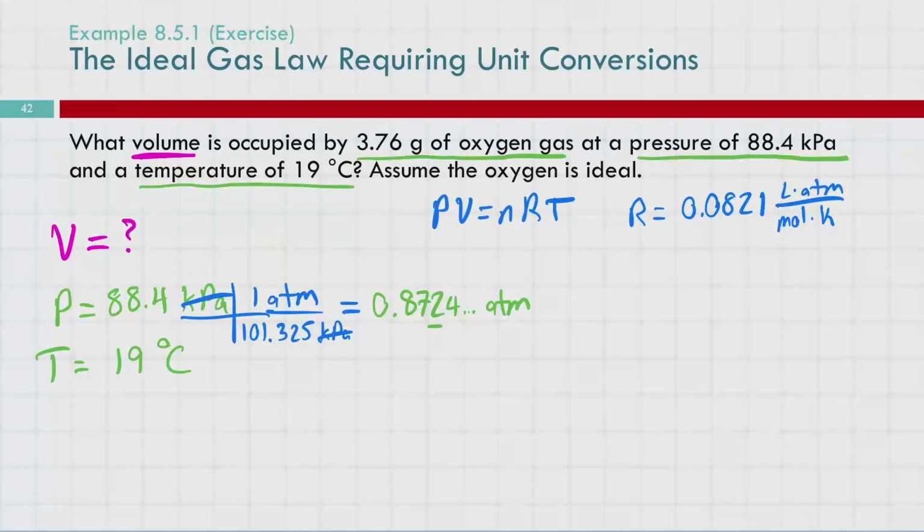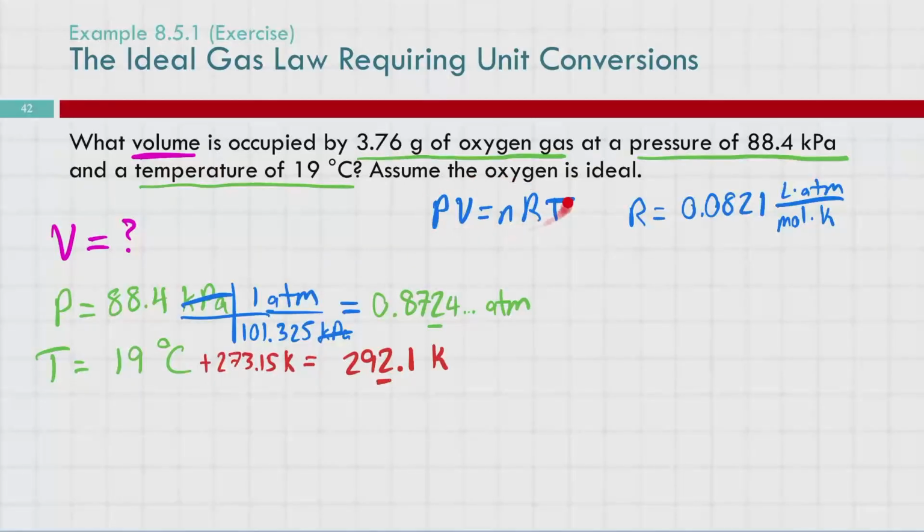What do we need to convert our temperature to? To Kelvin. So for Kelvin, adding 273.15, and we get 292.1 Kelvin. What other variable do we need?